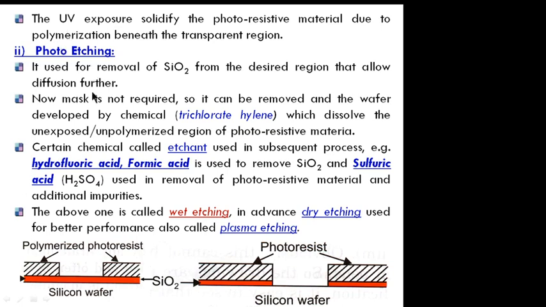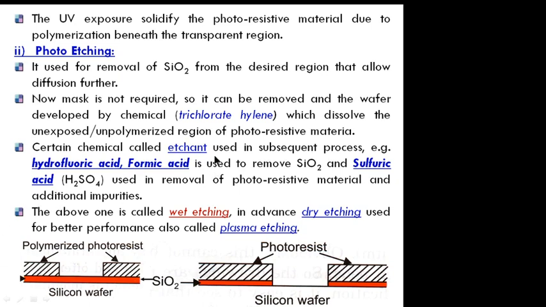The photo etching is also called wet etching, the removal by trichloroethylene or hydrofluoric acid or formic acid or sulfuric acid.